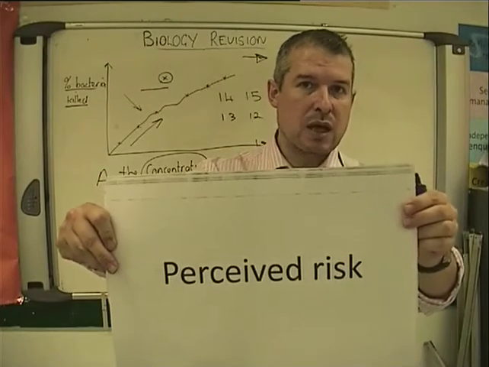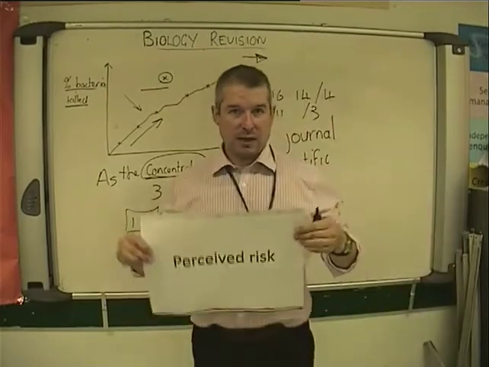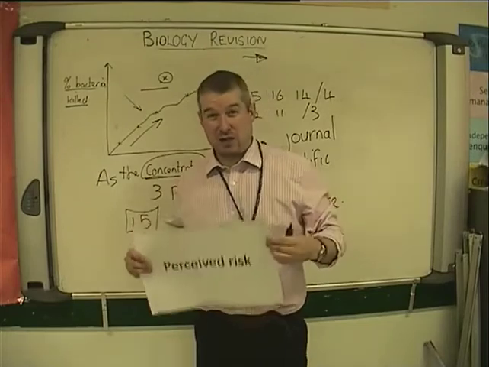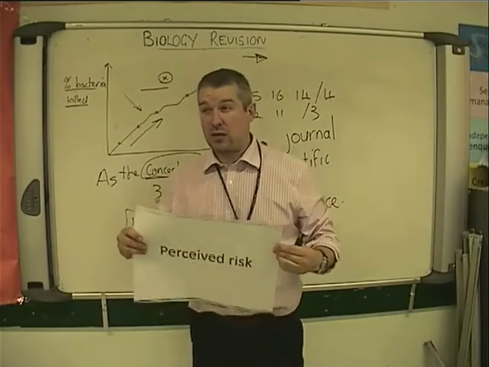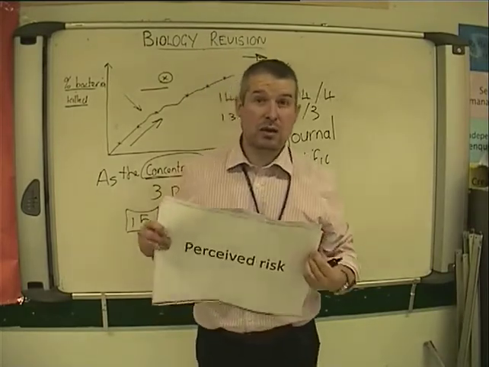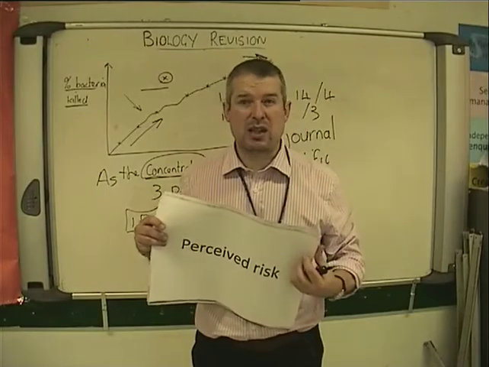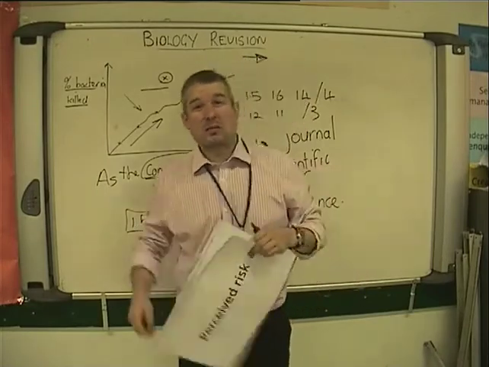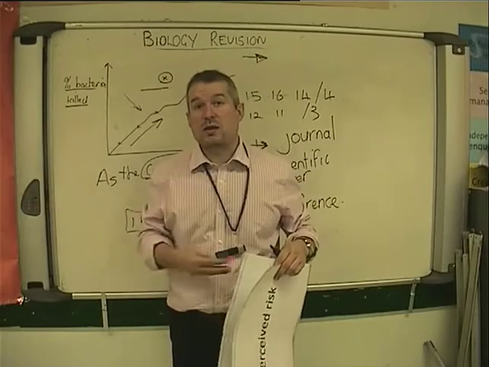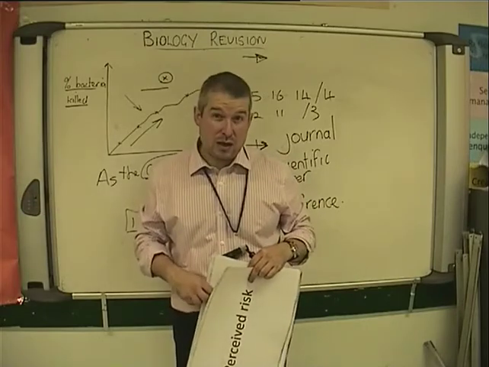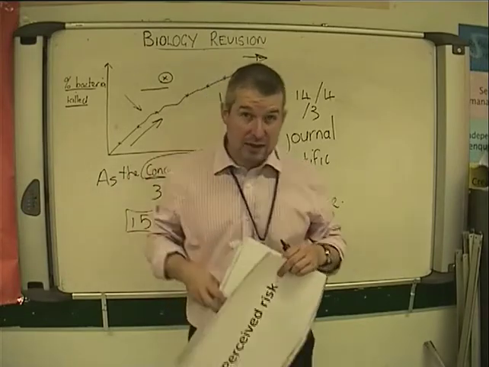Perceived risk. A perceived risk is the risk that people feel is attached to a particular activity. So for instance, people think that parachuting out of an aeroplane is risky, when actually it's not. People perceive that air travel is risky, but it's actually not. So it's a risk that people think exists.